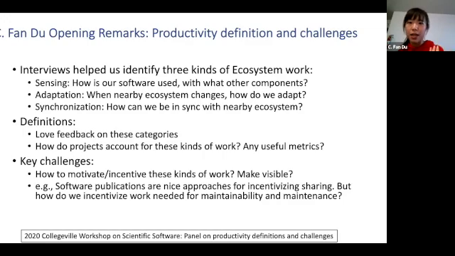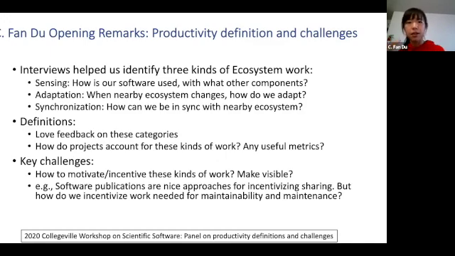This leads to less messy, uncoordinated work going on that increases the risk of scientific software. And of course, we would like to hear more from your first-hand experience, because we have many brilliant scientific software developers here in this workshop, and scientific software work is constantly evolving.